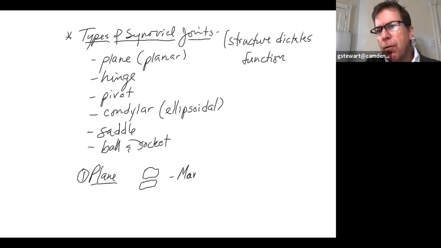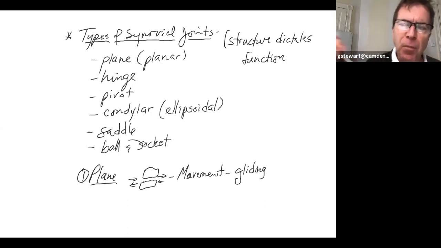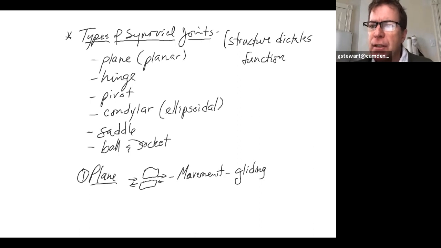The movement of plane joints is a gliding movement. Just think side to side. So the bones move this way across, the surfaces move this way and this way across each other. So it's a gliding or side to side movement. Sometimes there's minimal rotation.